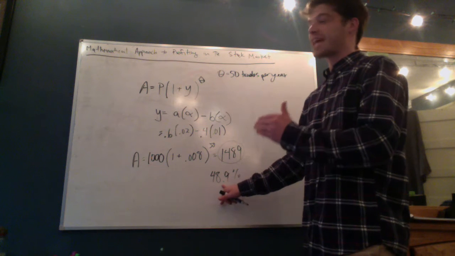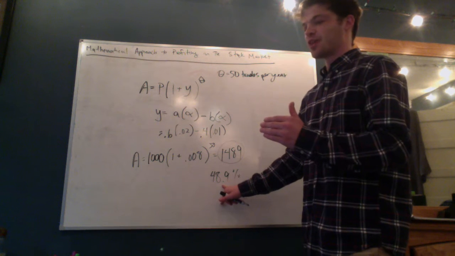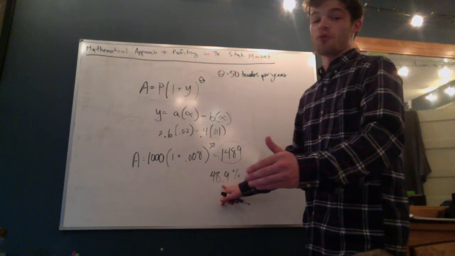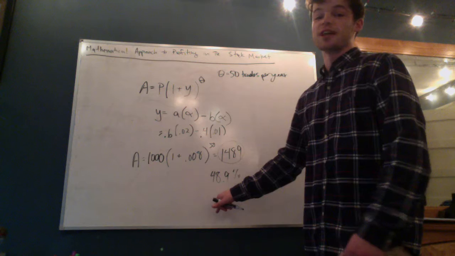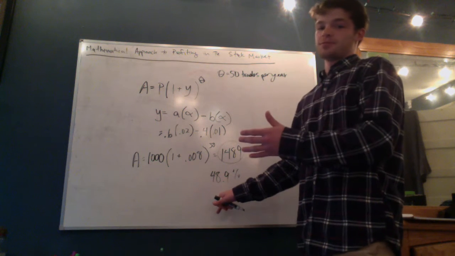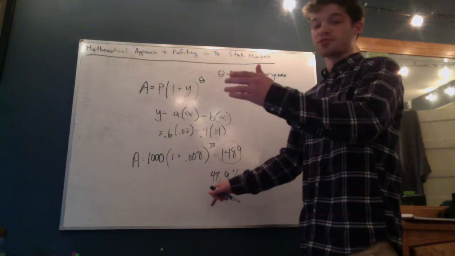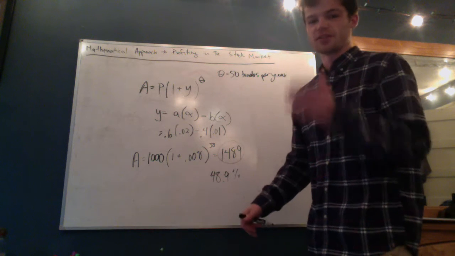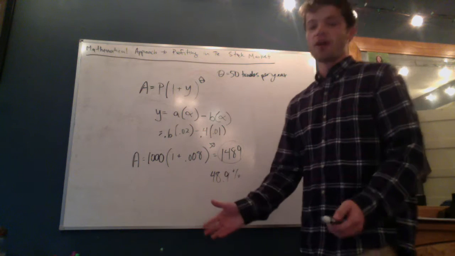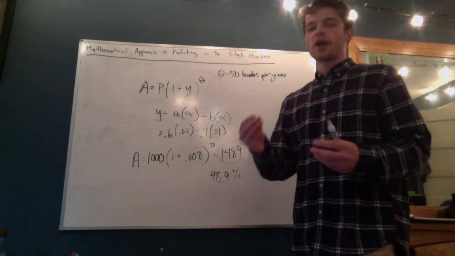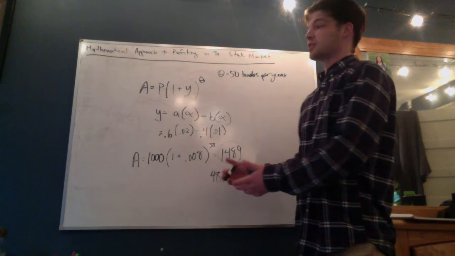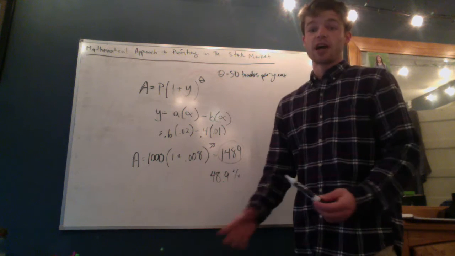But then again, remember that that's compounded, so that next year when you start, you have 50% more. So you're starting with about 1,500. Do it again. At the end of that, you're going to have 50% of 1,500. Do it again. You're going to have 50% of whatever 50% of 1,500 is. So if you can understand that concept of the compounding, you realize the allure of investing in the stock market.